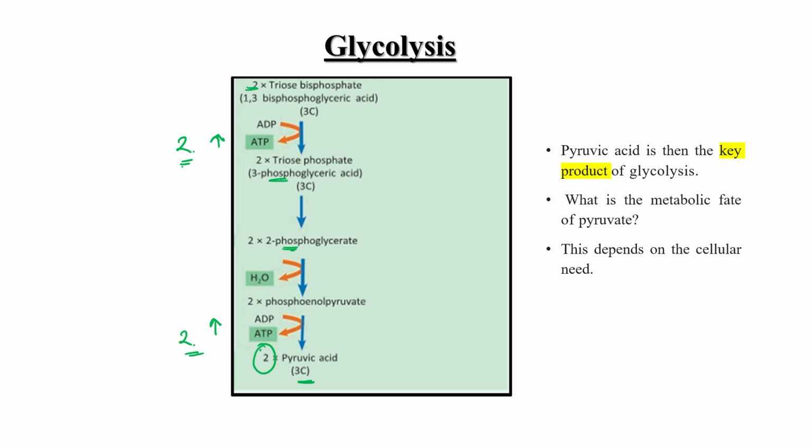Means in the initial phase we have utilized 2 ATP, and in the last steps we have generated 4 ATP, right, and 1 NADH, right. So here we can say 4 ATP generated while we have utilized 2 ATP. So total gain 2 ATP.